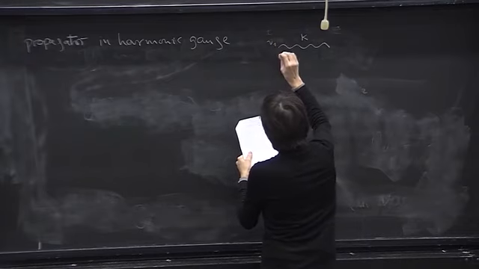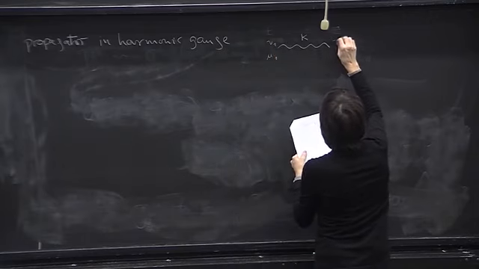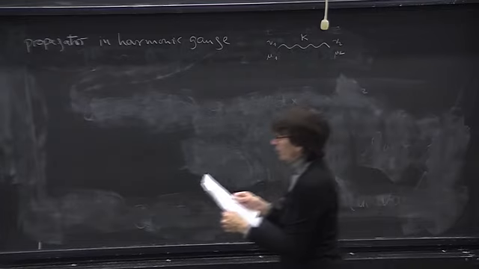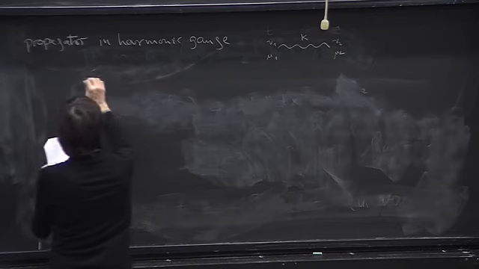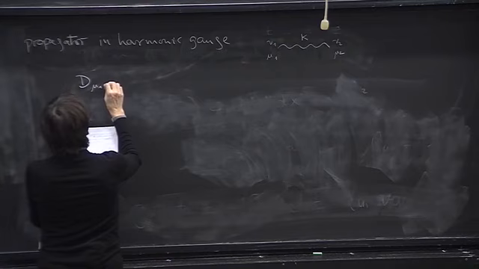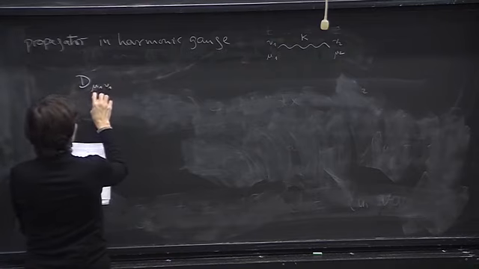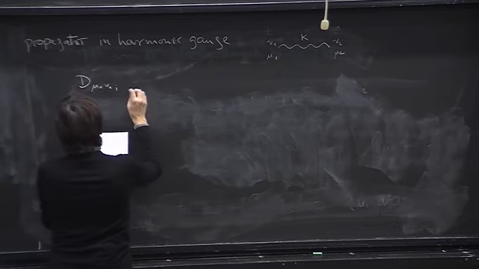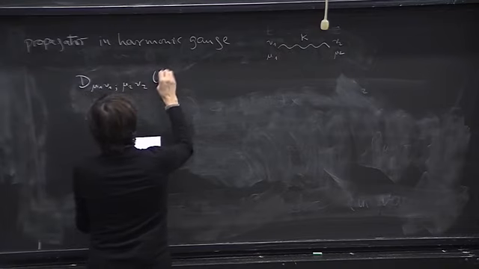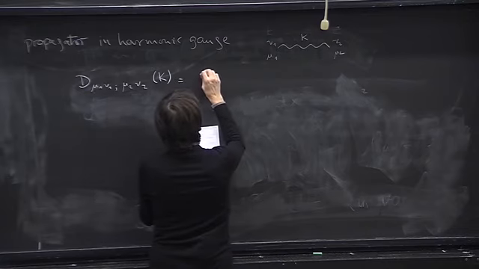And I have to keep track of a bunch of indices, mu1, mu1' on this side, and mu2, mu2' on that side. And this corresponds to an algebraic expression of the same index structure. Everything depends on K. That's a propagator in momentum space.